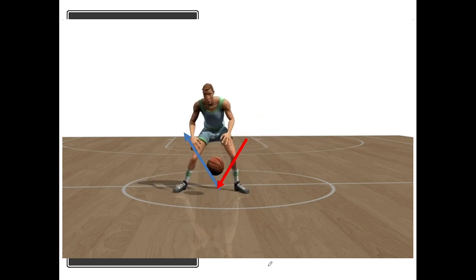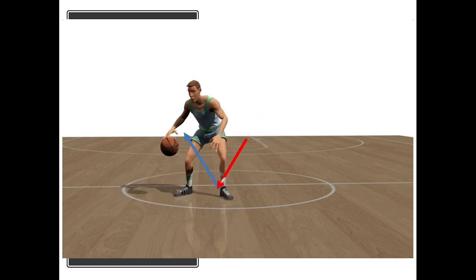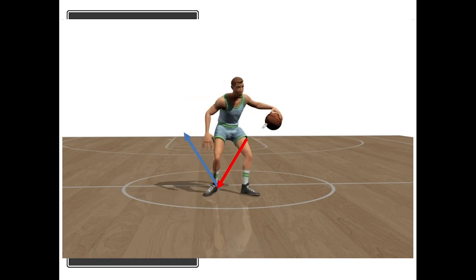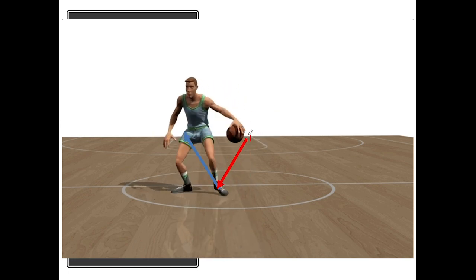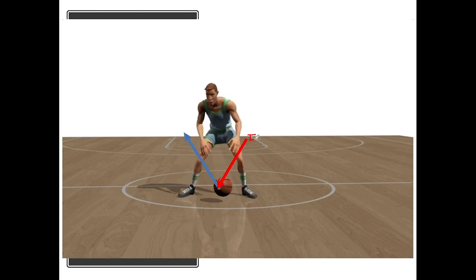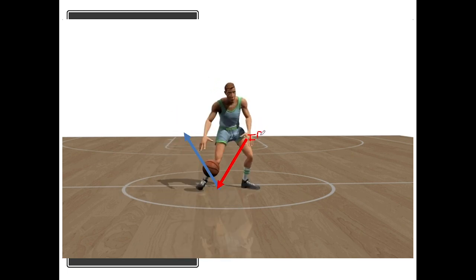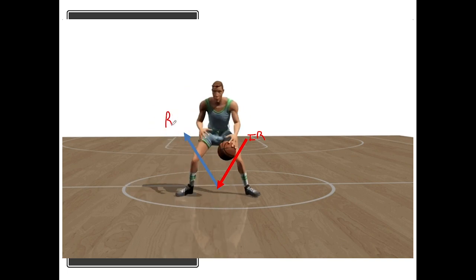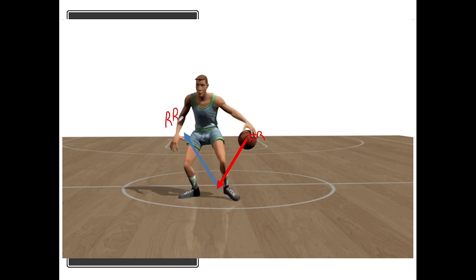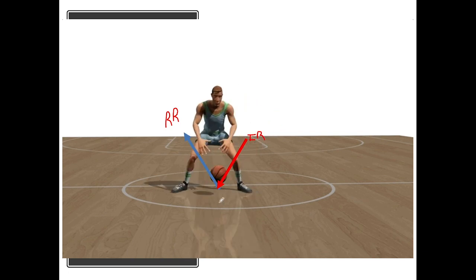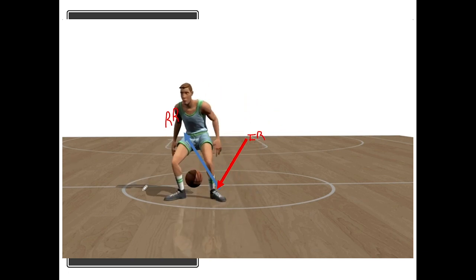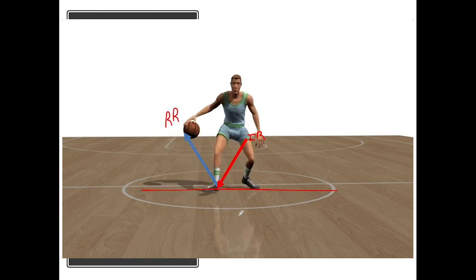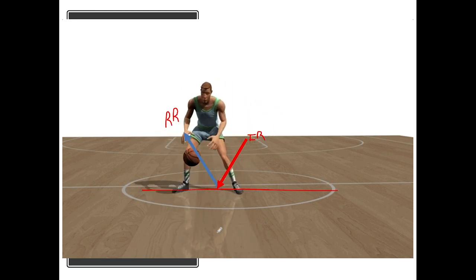So I gave you a little example in terms of this basketball player. This guy over here is our incident ray. I'm just going to call it IR because that's what I can draw. And this one over here is our reflected ray, so we can call him RR. And then we can think of this surface, the floor, as the thing that the light, or the ball in this case, is going to bounce off of.